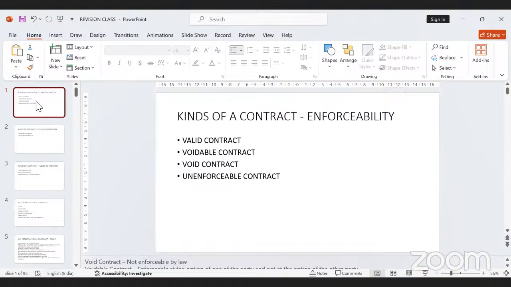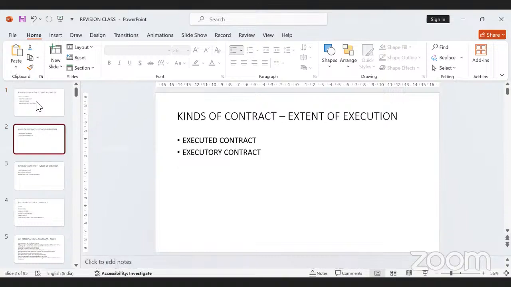So contracts that have been entered into without free consent are examples of voidable contracts, right? So void contract is a null and void contract. It cannot be enforced at all at any point of time, not at the request of any party at all. And unenforceable contracts are those contracts which cannot be enforced because of some technical defects, right?